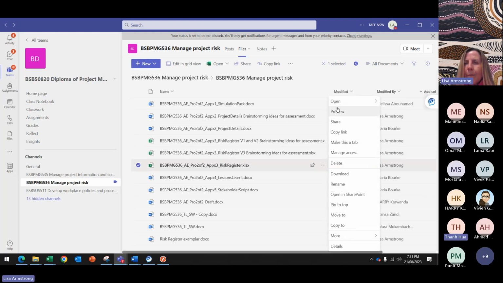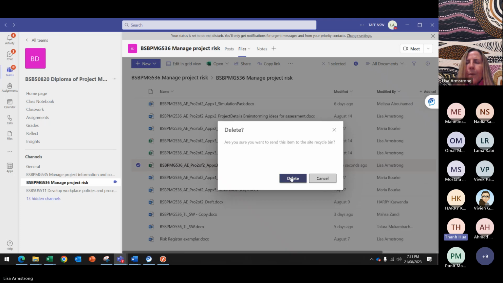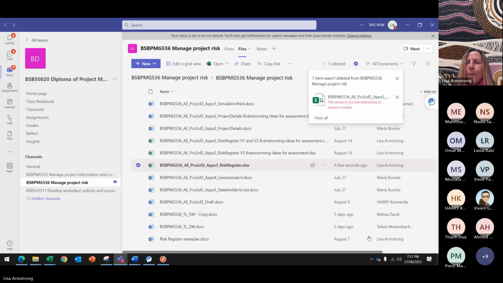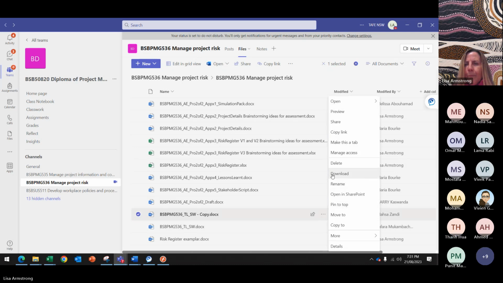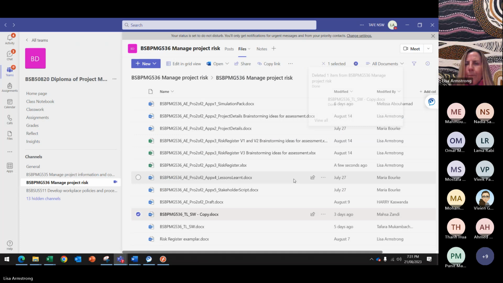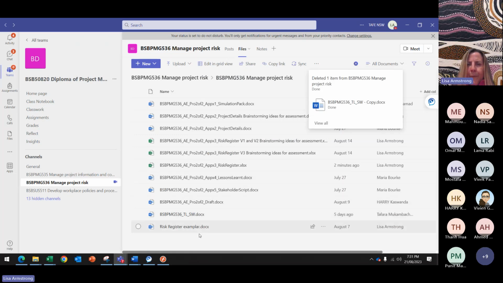Let's delete that. Why was that not deleted? You've got to clean out a lot of files out here. Right, so we've got our risk register.